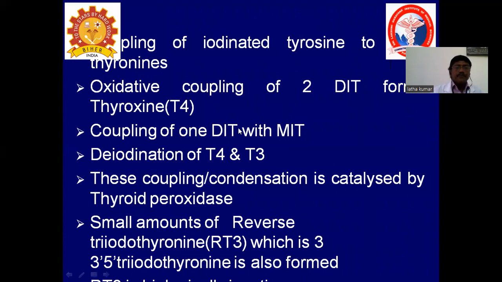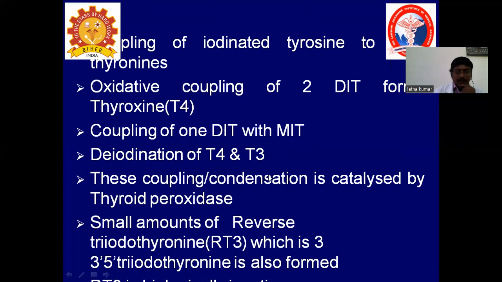Iodinated tyrosines are then coupled. Oxidative coupling of two DIT forms T4. Coupling of one DIT with one MIT forms T3. Deiodination of T3 and T4 will take place.